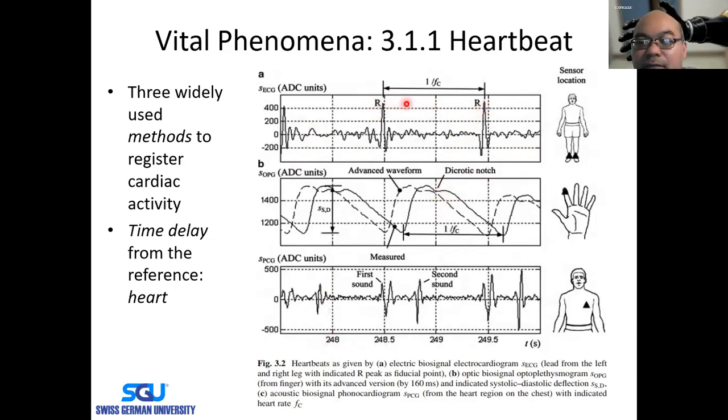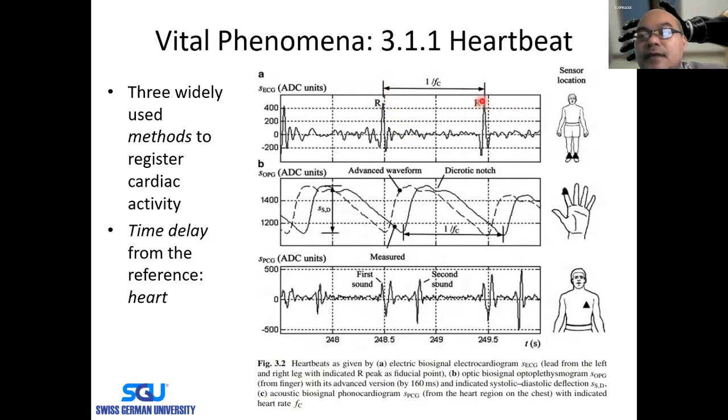Okay, so from the R peak, you can obtain the time duration between the R peaks using electronics, or if the signal is already digitized, using programming software to derive where this occurs.